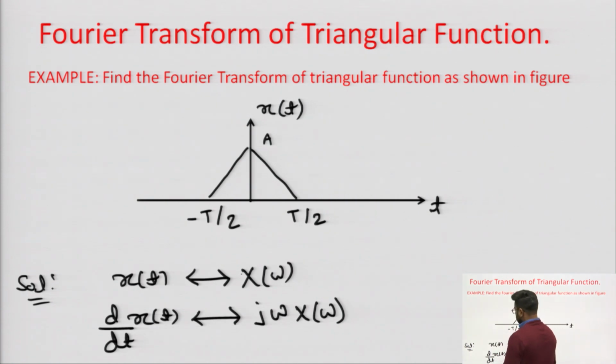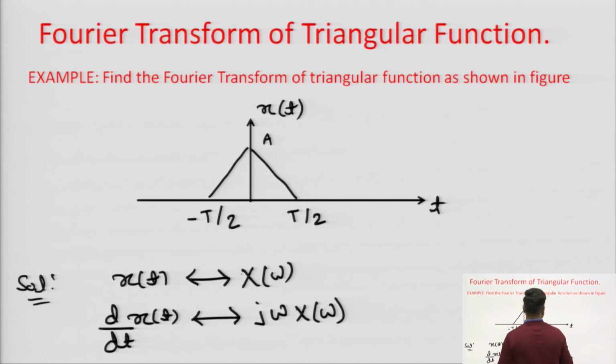This is also an important signal which can be used in circuit analysis, that is the triangular function, in which a triangular function is applied in a time period. In this, we are given a triangular signal from minus T by 2 to T by 2, and its maximum value is 1.